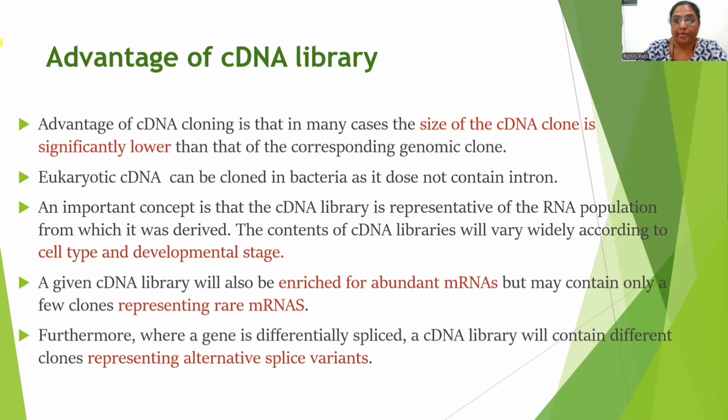And when mRNA is synthesized in eukaryotes, during maturation of the mRNA, the introns present in the nascent mRNA are removed. So the mature mRNA has only the exons, and now the total exons are converted into the cDNA. So the cDNA does not consist of any introns.